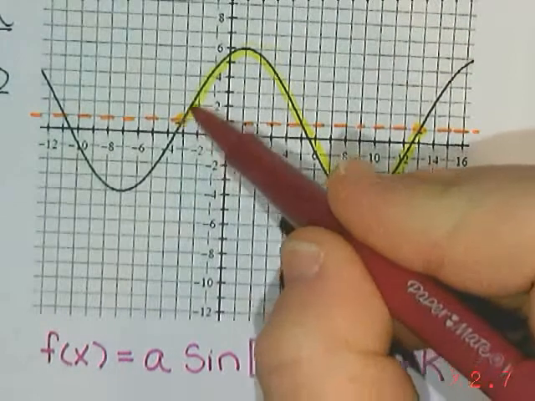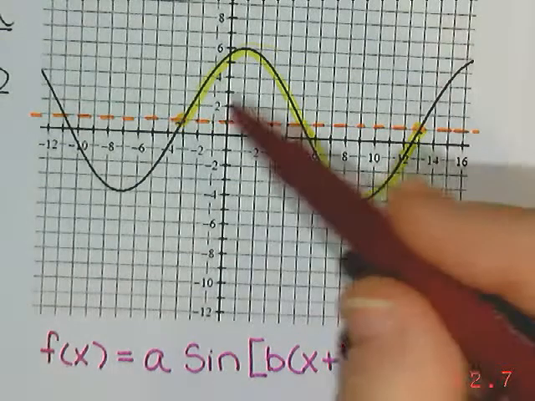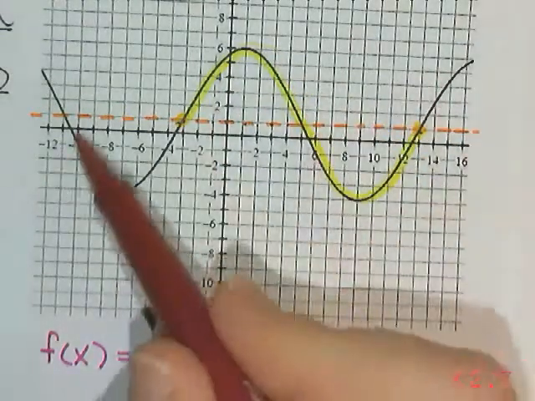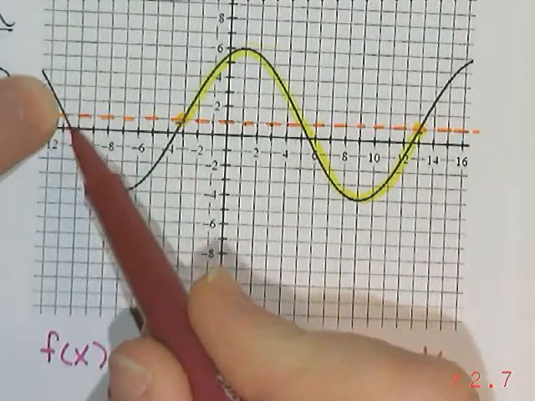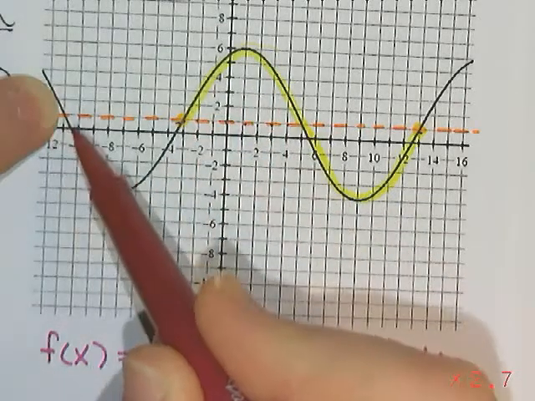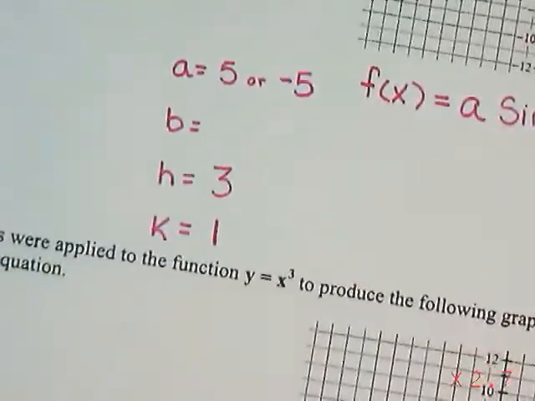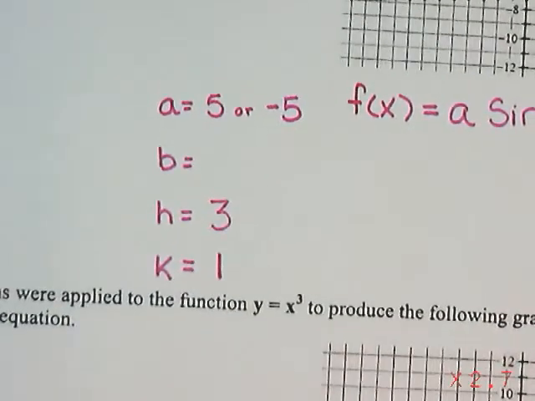Because I chose a cycle that goes up first, it is not a reflection, so it would just be +5. If I had picked the cycle that started over here and it went down first, then that would be a reflection, so it would have to be a -5. So in this case, because my cycle goes up first, I know it's not -5, it's +5.